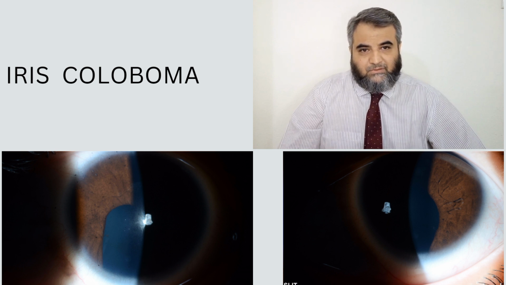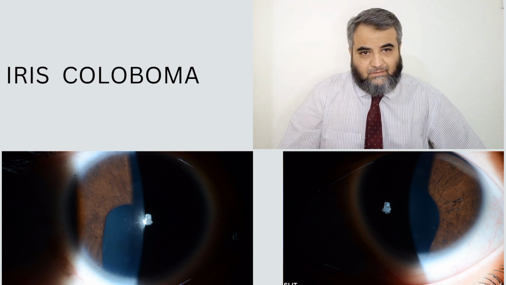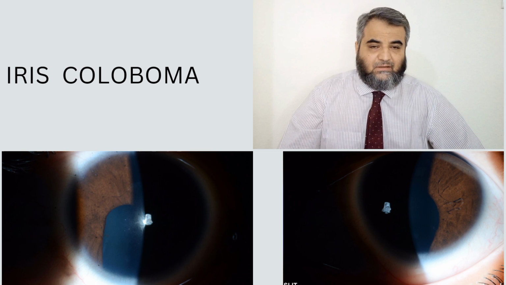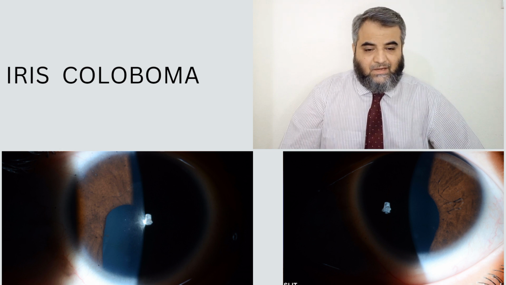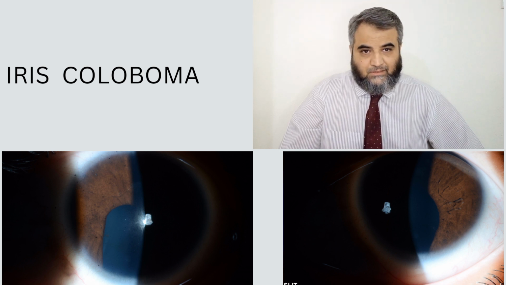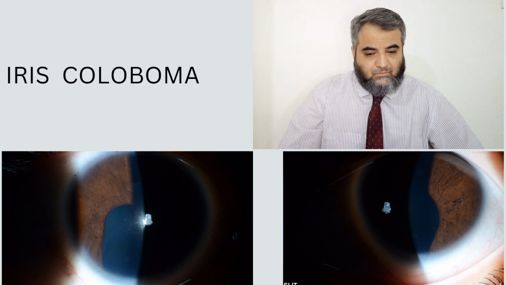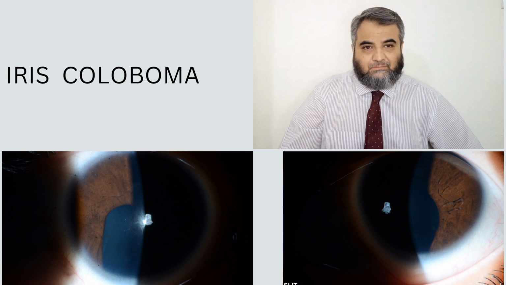There is no problem with the anterior chamber, depth is normal, no shelving, nothing at all. These patients are just showing the missing tissue inferiorly. Otherwise, the cornea looks normal, the anterior chamber is normal, there are no cataract changes, and the iris is well formed superiorly, but inferiorly it is missing.